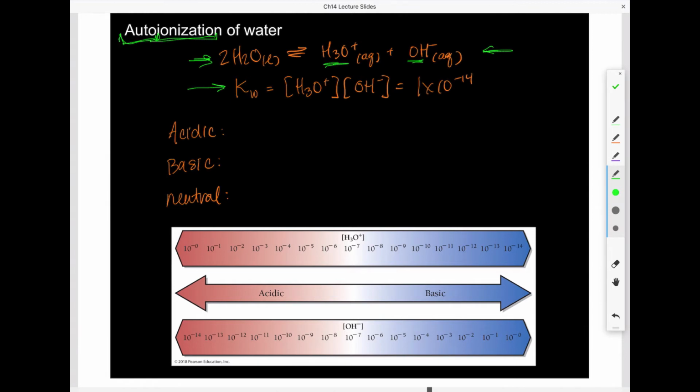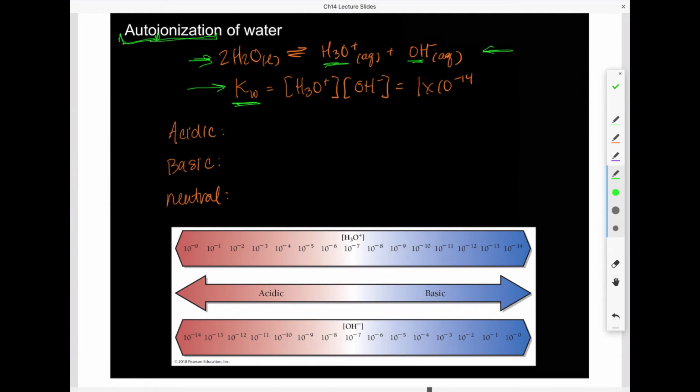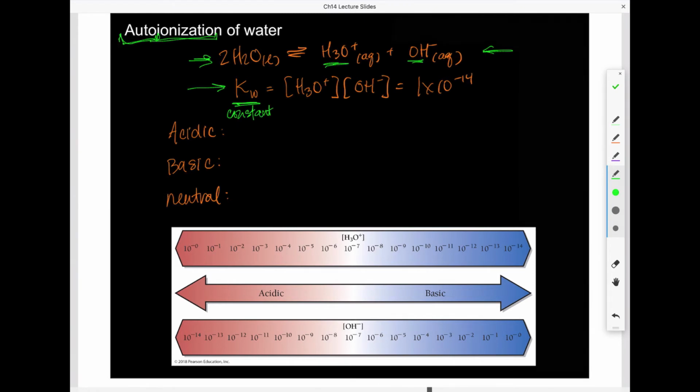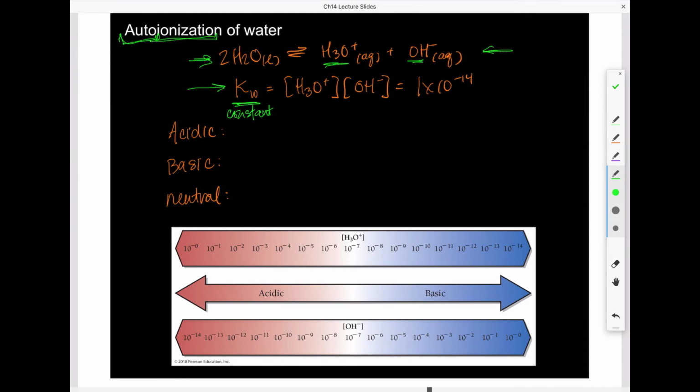Water autoionizes, which gives us Kw, where Kw is a constant that basically fixes the ratio of hydronium to hydroxide in an aqueous solution.